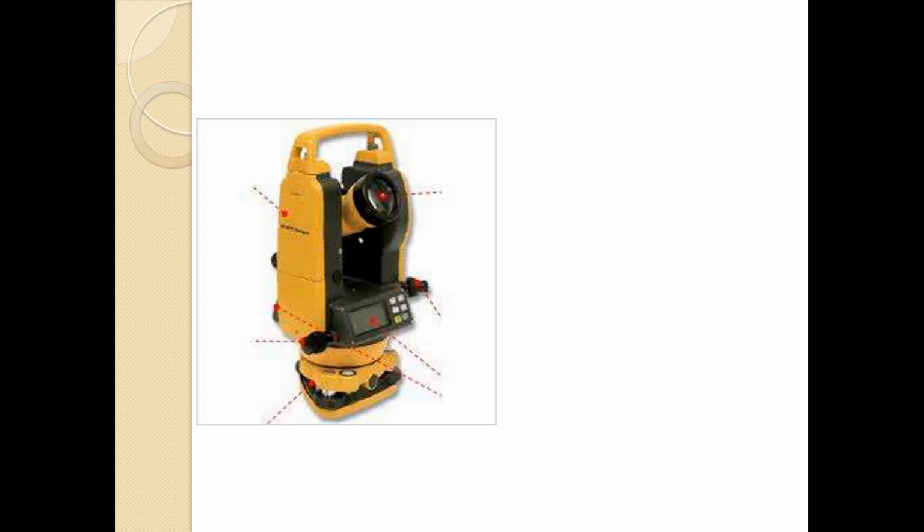The laser hits that particular target and it returns. By measuring the travelling time we can calculate the distance, because we know how the light or the laser travels. By that equation we can find the distance, and we also know the angle at which it has been tilted.